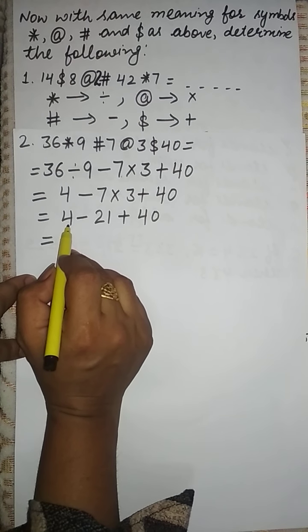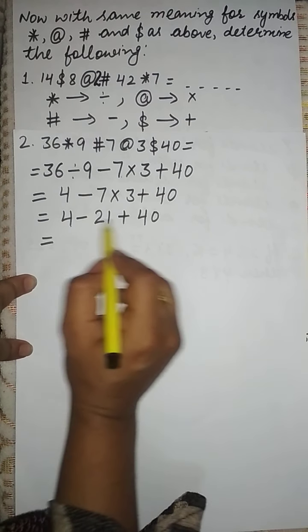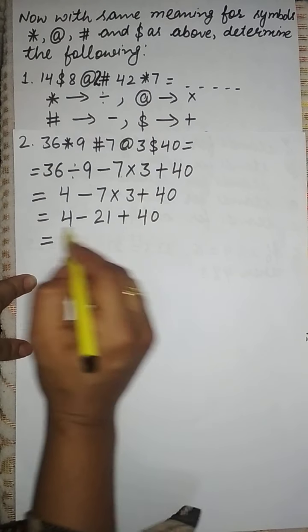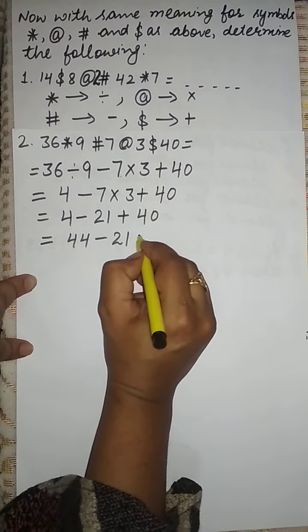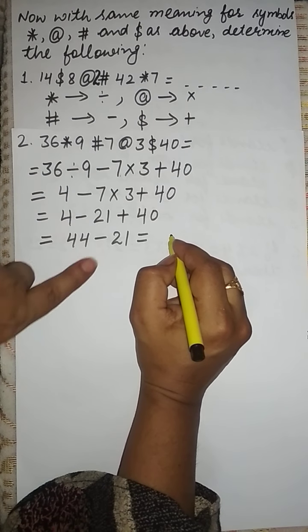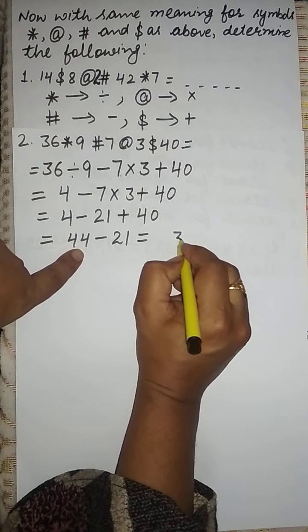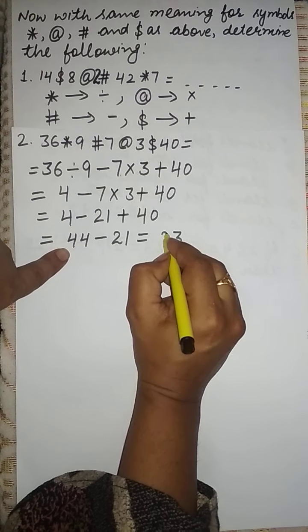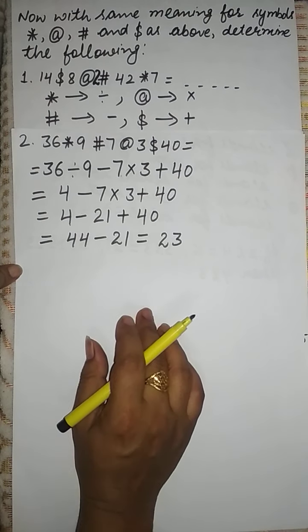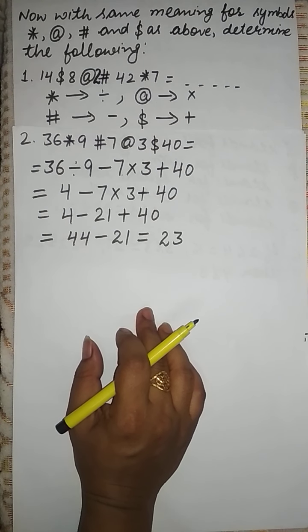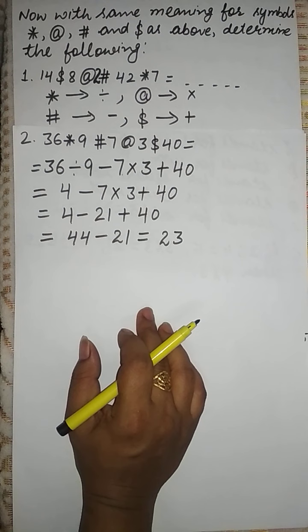Now you can see from here 4 and 40 are both of the same sign. So it is 44 minus 21. 44 minus 21 is 23. So the right answer of this is 23. In this way you can solve other questions as well by replacing these symbols with the mathematical operations.